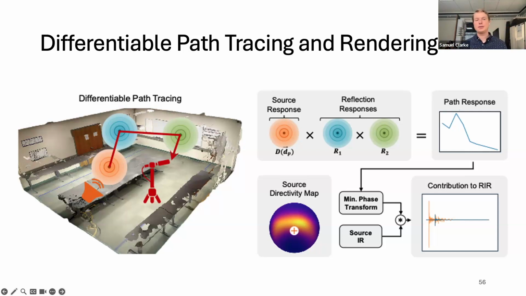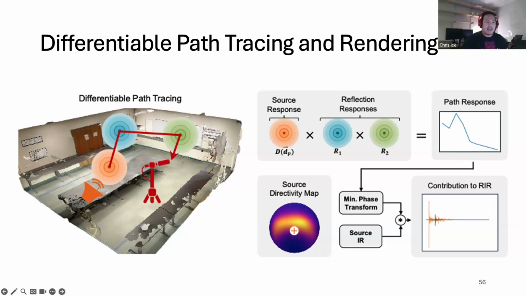Then, given the delay of arrival, the attenuation, and the sequence of planes each path strikes, during the analysis by synthesis all we're adjusting is the frequency filters of each of those planes, as well as the directivity of the speaker. So the path tracing is pre-computed and fixed, and thereafter we adjust the parameters.